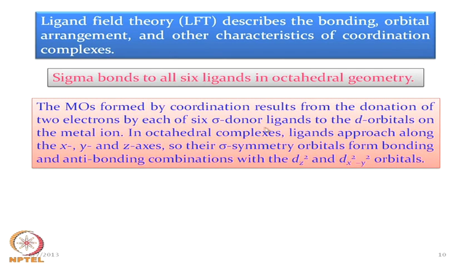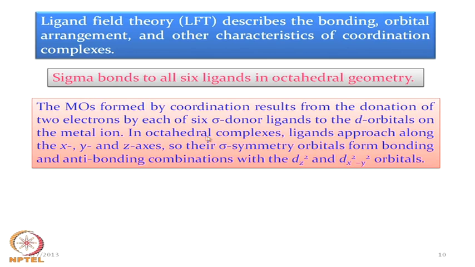So, the 6 sigma donor ligands: the molecular orbitals will be formed by coordination, resulting from the donation of 2 electrons by each of the 6 sigma donor ligands along the 6 axes of the octahedron to the d orbitals on the metal ion.